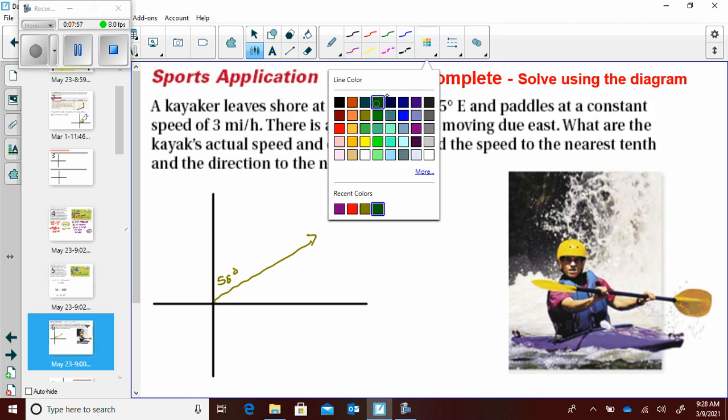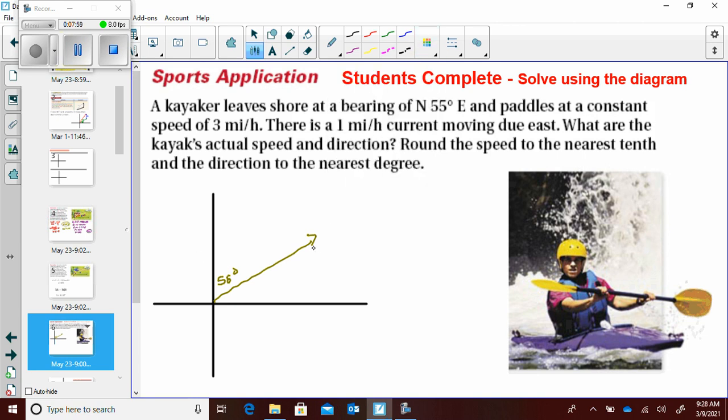And then there is a current that is pushing due east at 1 mile. The speed here was at 3 miles. This will be my resultant vector. I need you to use this diagram and solve it out. We'll go over it in class.